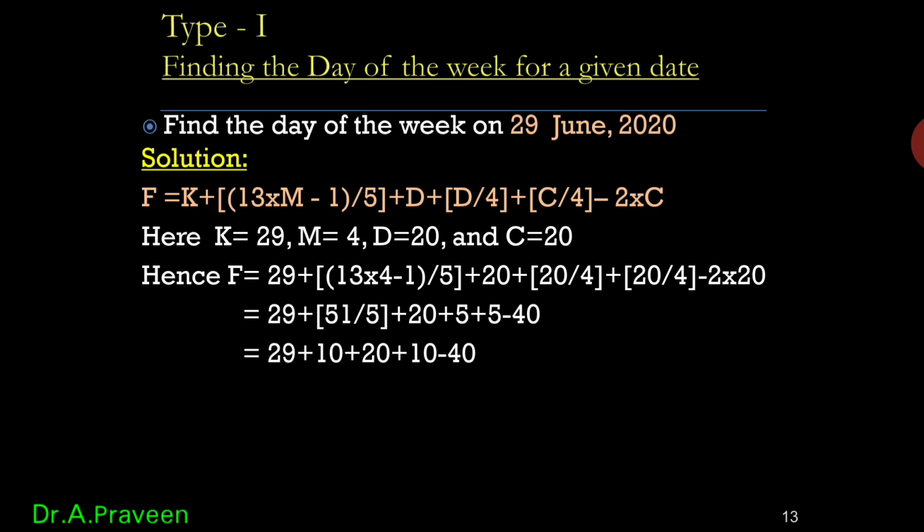Or see here, in the expression 51 by 5, the value of this expression is 10.2. The integral part is 10 and the fractional part is 2. Whatever comes after the decimal point is considered to be the fractional part. That has to be ignored. So that's why we take only 10.